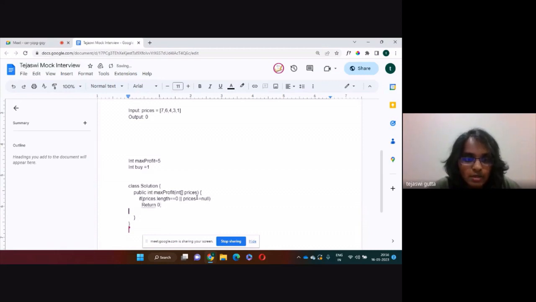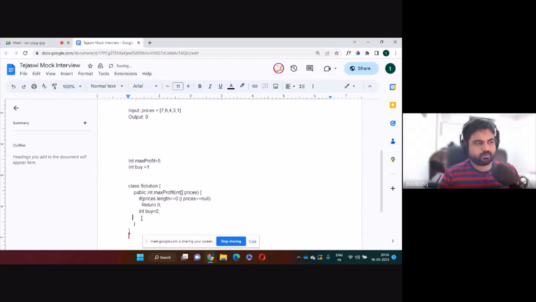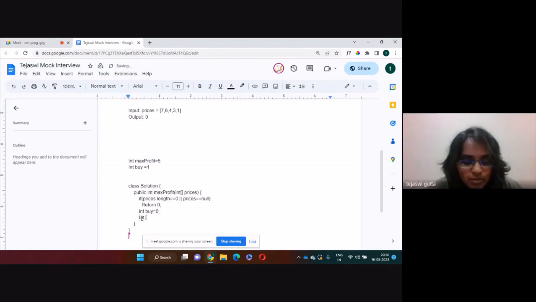If not, I'm going to have two variables. One is buy. Buy will be initially zero, I mean, buy is pointing to the zeroth index. Don't worry about the syntax, even if it's capitalized or small, it doesn't matter. And then int maxProfit.